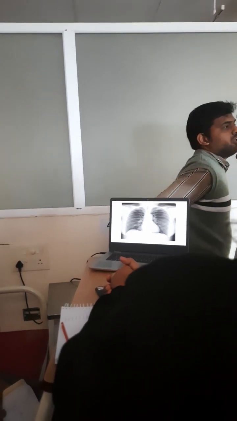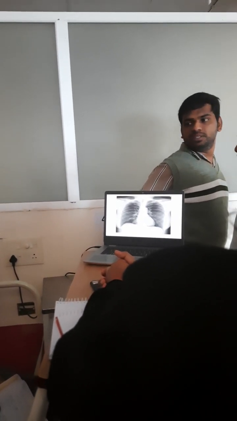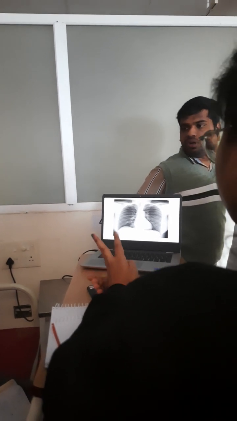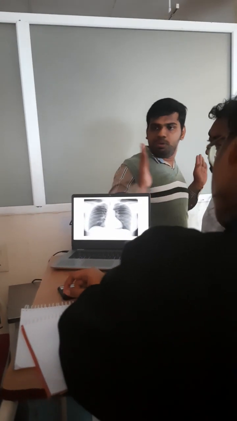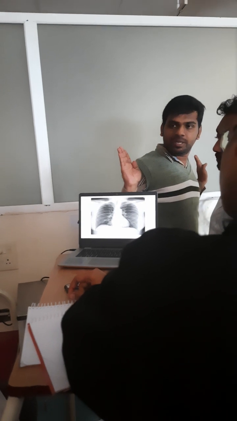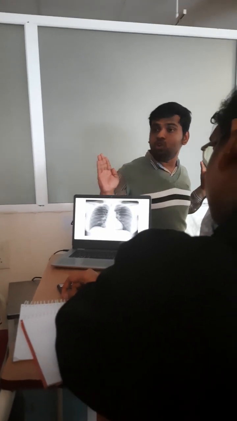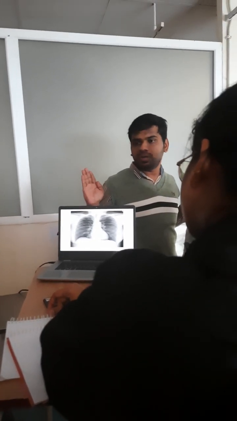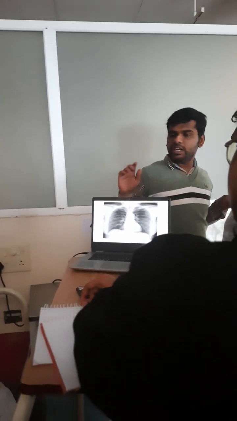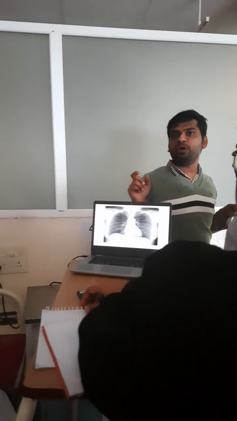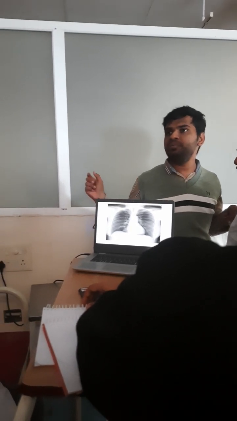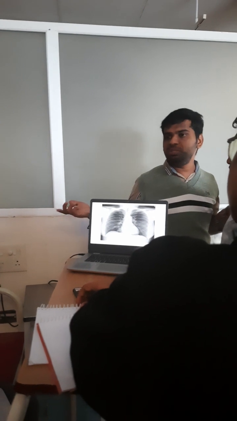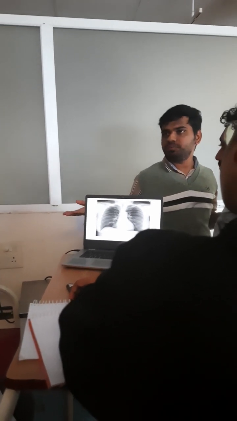In a PA view, the scapula will be outstretched, because I extend my arms outward so that my scapular blades go out and my lung fields are clear, with no obstruction. So for any respiratory X-ray, we go for PA. Why do we choose PA? Because there is no scapular obstruction.